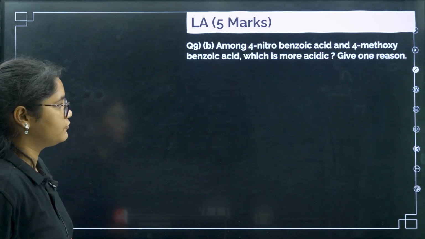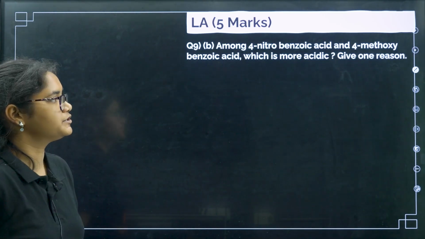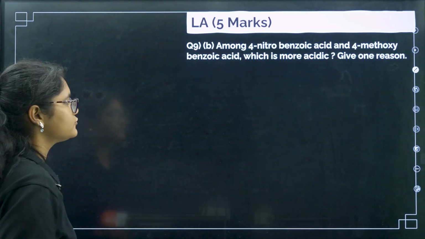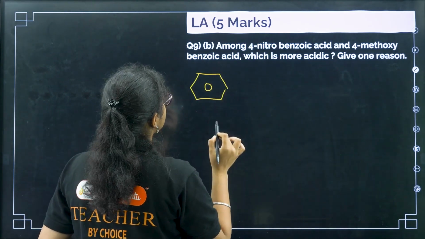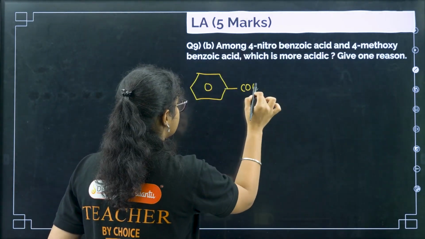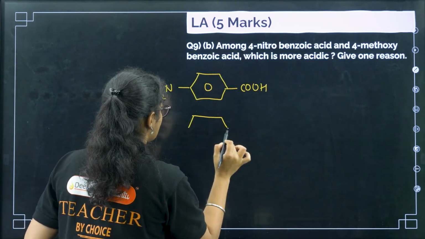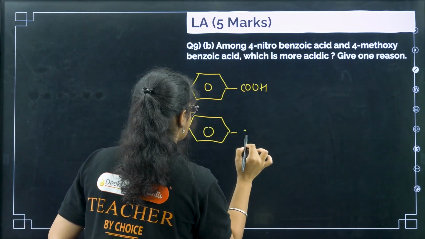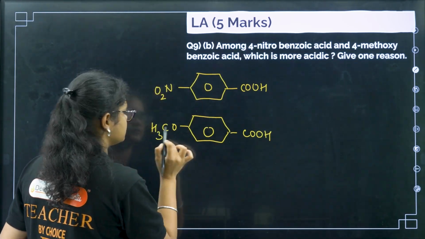Next, among 4-nitrobenzoic acid and 4-methoxybenzoic acid, which is more acidic, give reason. So you have 4-nitrobenzoic acid and 4-methoxybenzoic acid.